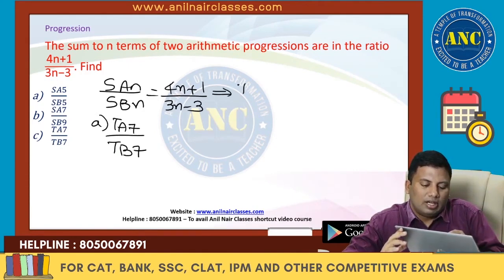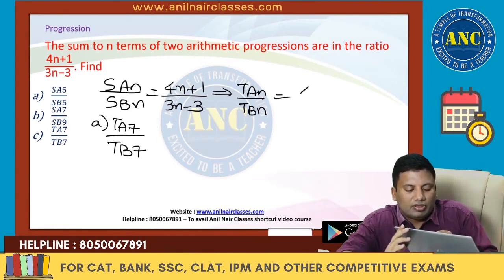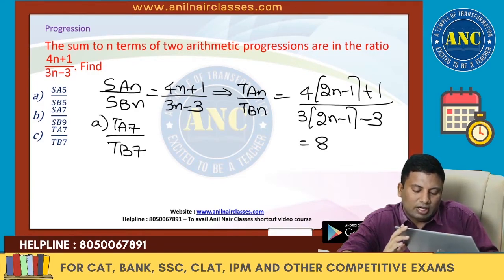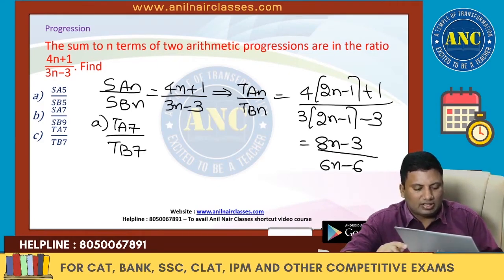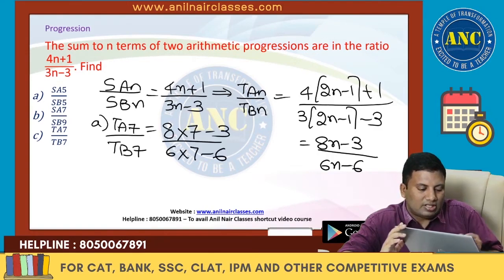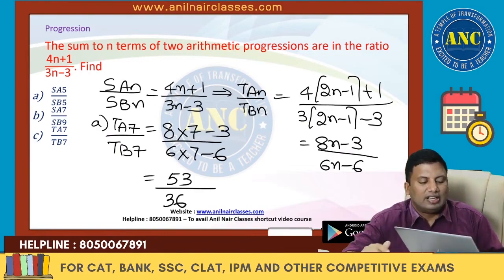If I want TAn by TBn, I just replace n by 2n minus 1. So these are nothing but 8n minus 3 divided by 6n minus 6. So it is 8 into 7 minus 3 by 6 into 7 minus 6, which is 53 by 42 minus 6, 36.